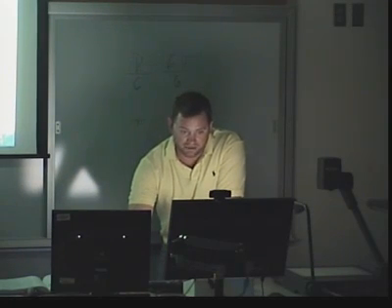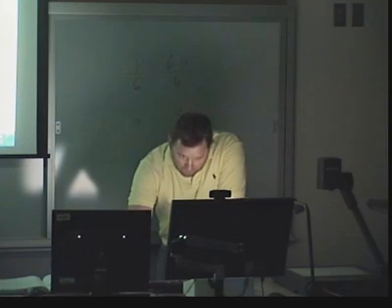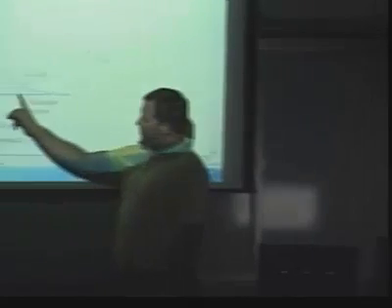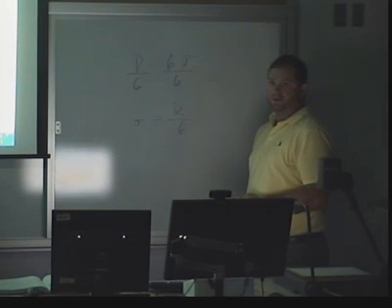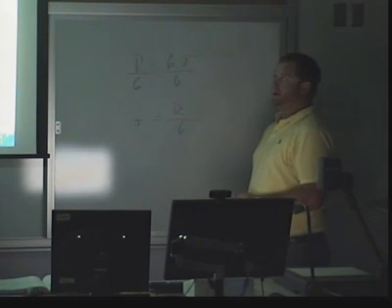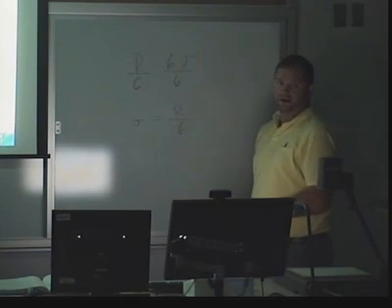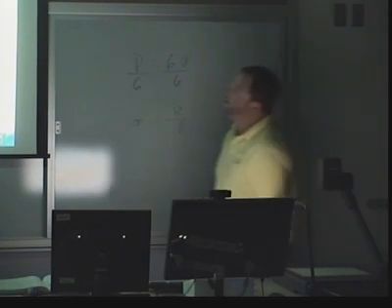So since z is 2.12, that value lies in the rejection region. So here's the rejection region. We found z to be 2.12. So I would reject H naught. I would reject the mean being less than 2,400 and accept the mean being greater than 2,400. So basically I'm saying the pipe is strong enough right here. Everybody see what's going on?